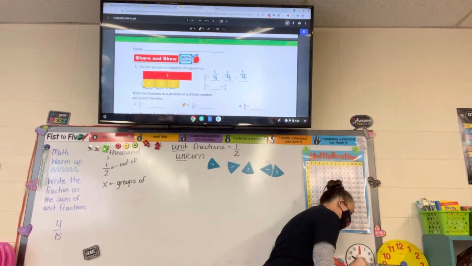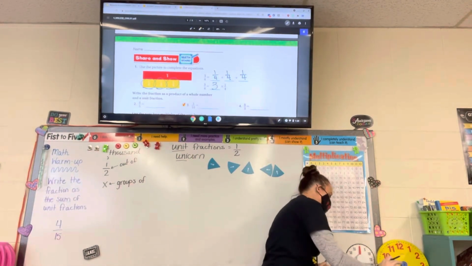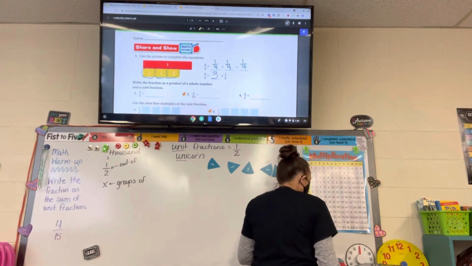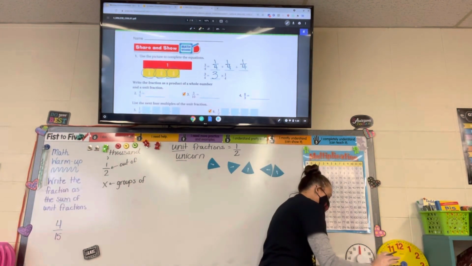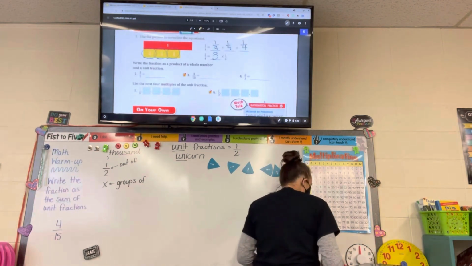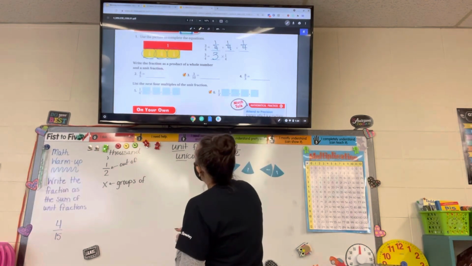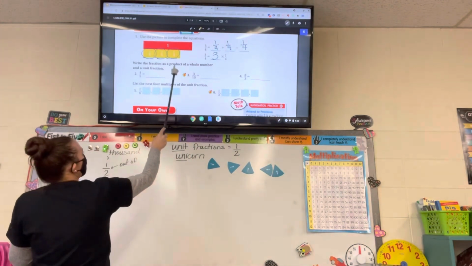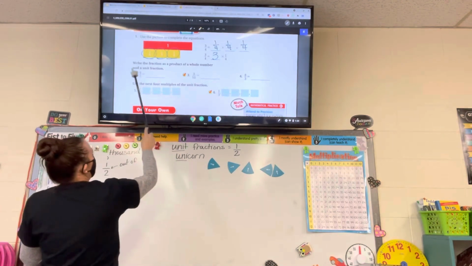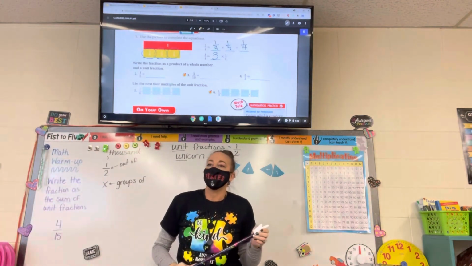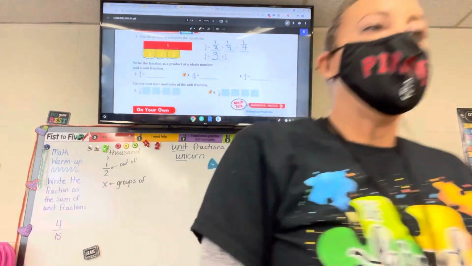So 3/4 equals 3 times 1/4. The instructions for 2, 3, and 4 are just like what you're going to do on your assignment today. So it says, write the fraction as the product of a whole number and a unit fraction. Which one does it say first, whole number or unit fraction? Whole number.